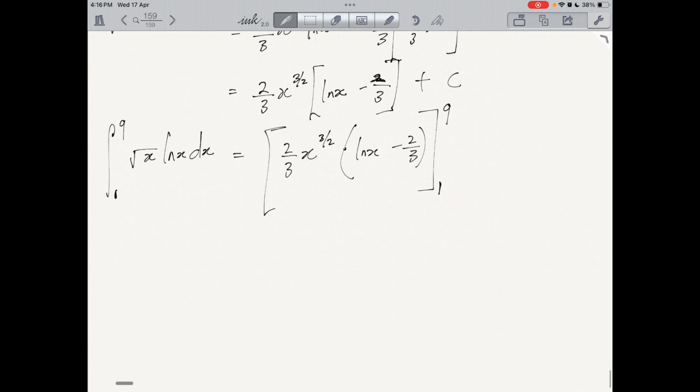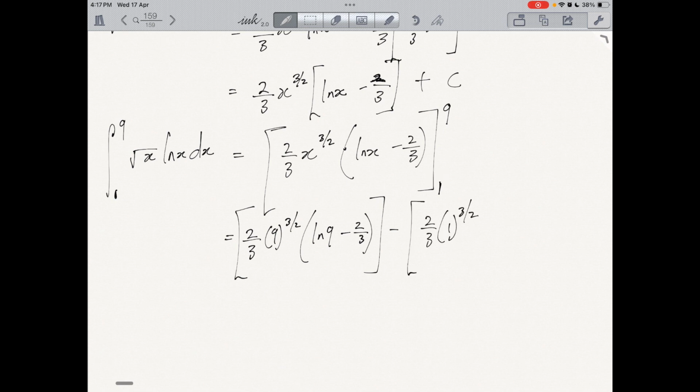So let's apply our upper limit first. This will give us 2 over 3 into 9 raised to power 3 over 2 multiplied by (ln 9 minus 2 over 3). And let's apply our lower limit of 1, and that will give us 2 over 3 into 1 raised to power 3 over 2 multiplied by (ln 1 minus 2 over 3).